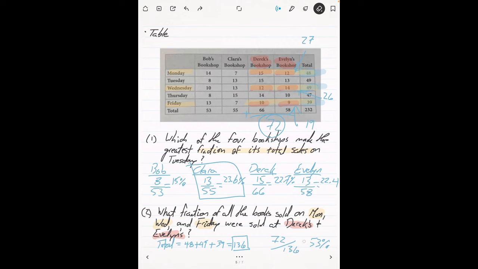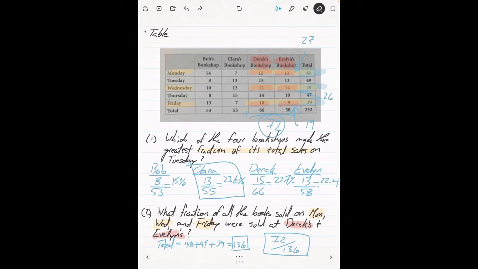So I'm going to go ahead and erase the percentage. We want to make sure we're giving the answer that we're directed to. If they want a fraction, we're going to say what the fraction is: 72 out of 136. Derek and Evelyn's amount over the total amount made on Monday, Wednesday, and Friday.